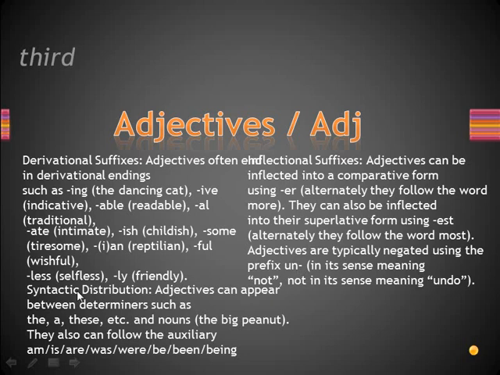What about the syntactic distribution for adjective? Adjectives can appear between determiners such as the, this, and a noun, like the previous example, the big peanut. So determiner, then adjective, and then noun. And adjectives can also follow the auxiliaries.